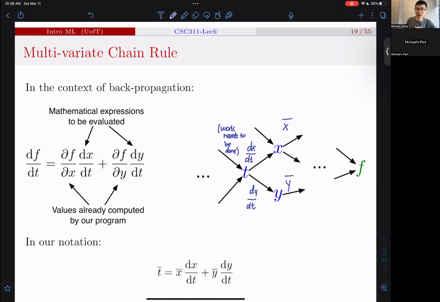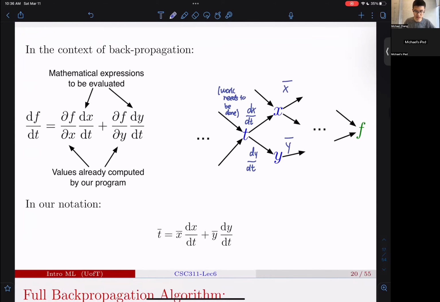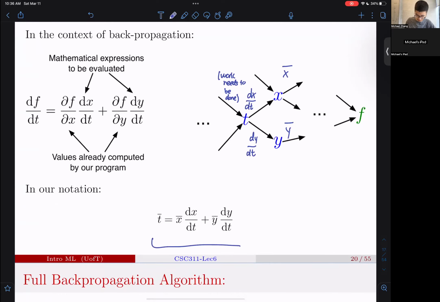While x bar and y bar are variables we save in our code, and we can just use them, multiply them with dx dt and dy dt, and then add them up. So more compactly in our notation, we can write this in this current form where the variables on the left side, the bars, are already evaluated, and we have to compute dx dt and dy dt at our current node.